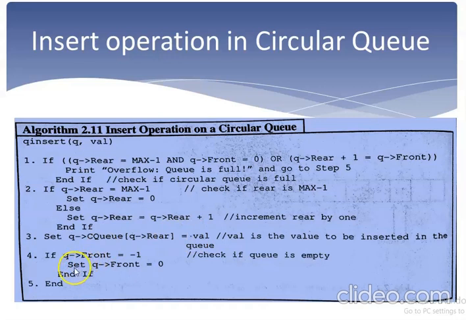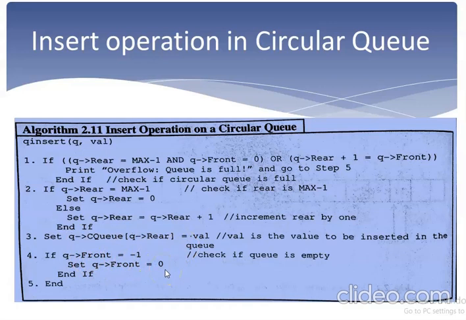Then, if q front equal to minus 1, when we are adding this value, if q front happens to be minus 1, when q front will be minus 1, when the queue is empty, then all the locations are free, then we have to make this front to 0.